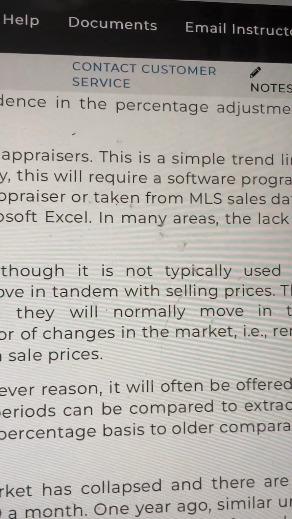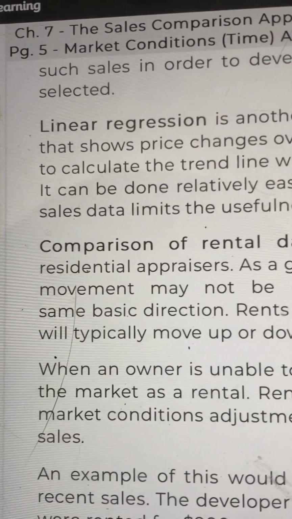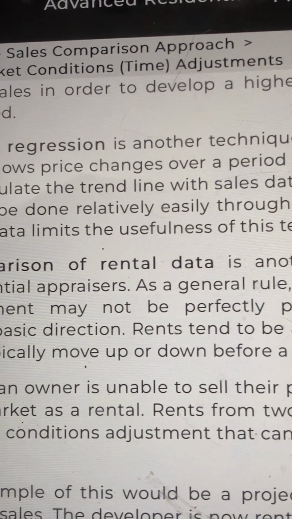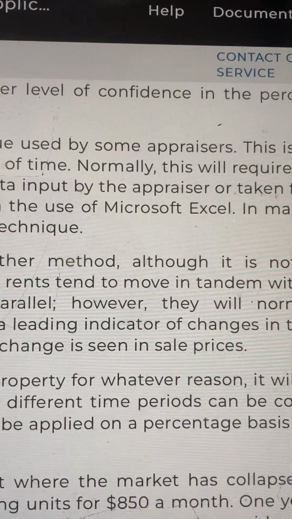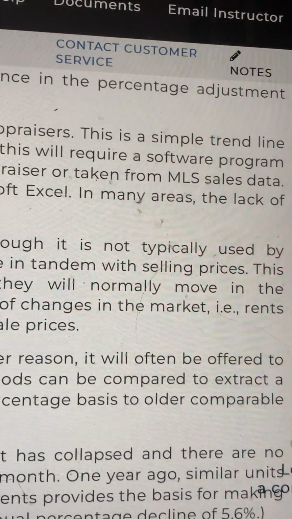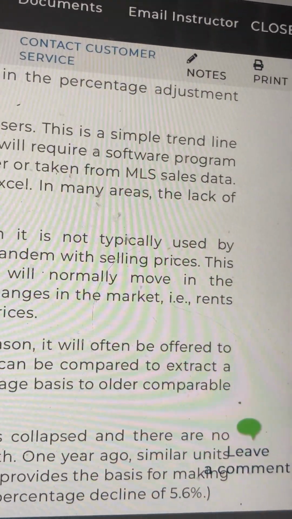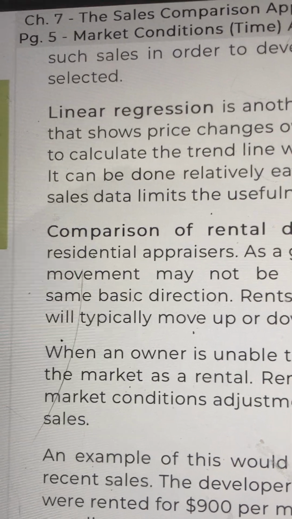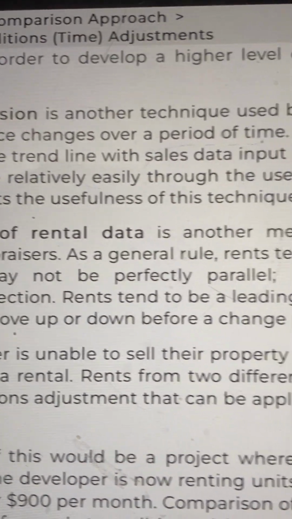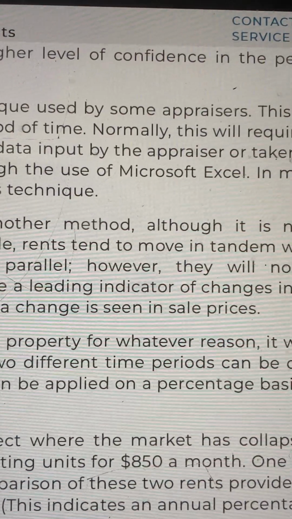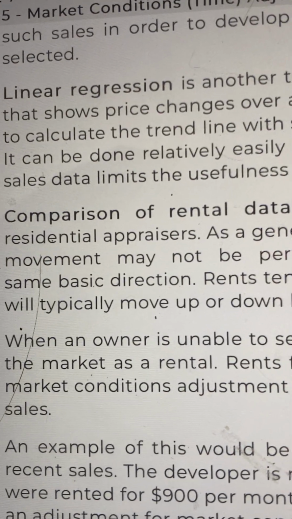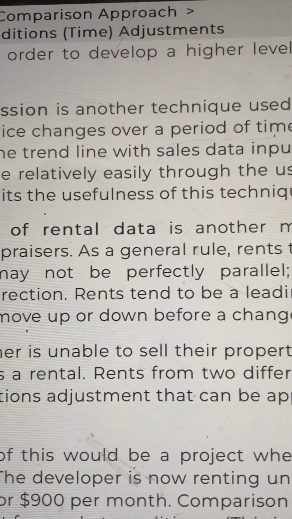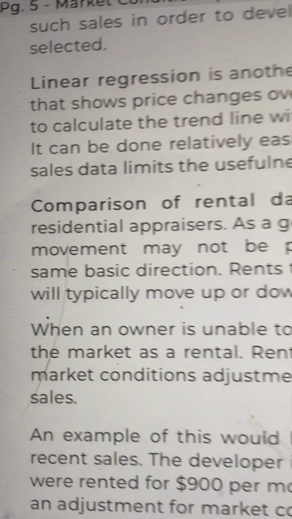Normally, this will require a software program to calculate the trend line with sales data input by the appraiser or taken from MLS sales data. It can be done relatively easily through the use of Microsoft Excel. In many areas, the lack of sales data limits the usefulness of this technique.